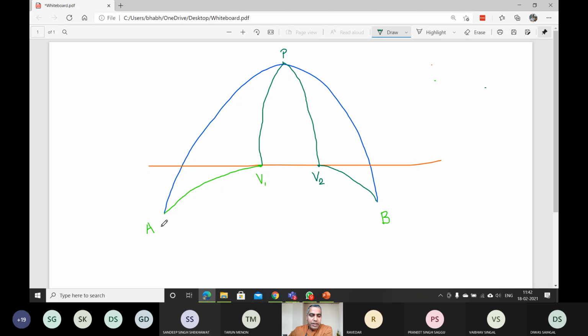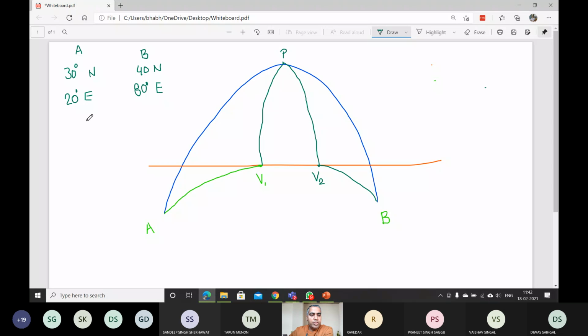Let us say they have given you port A, latitude 30 degrees north and longitude 20 degrees east. This is the latitude and longitude of port A. Then port B, the destination port, latitude is 40 degrees north and longitude is, let us say, 80 degrees east.